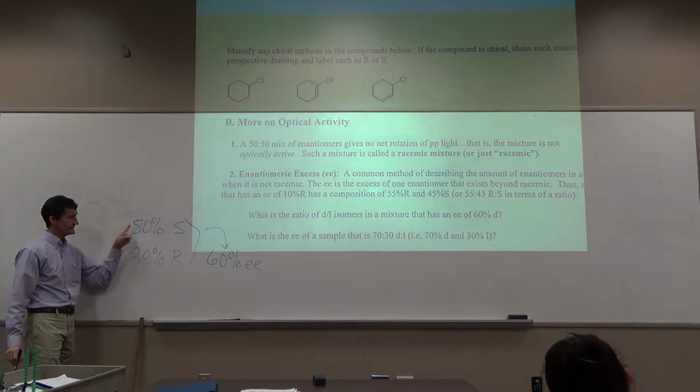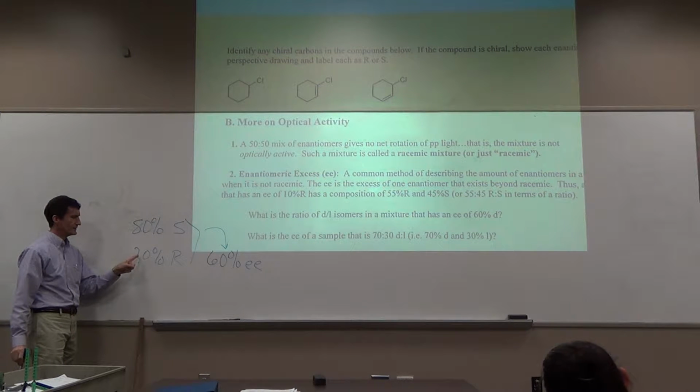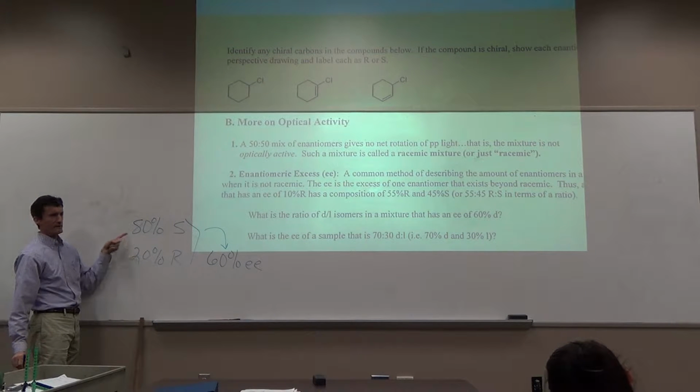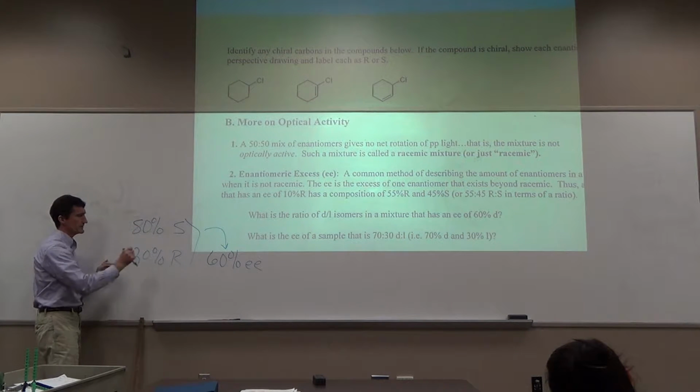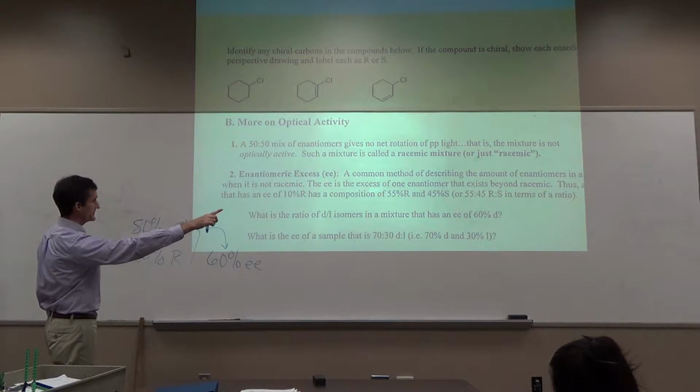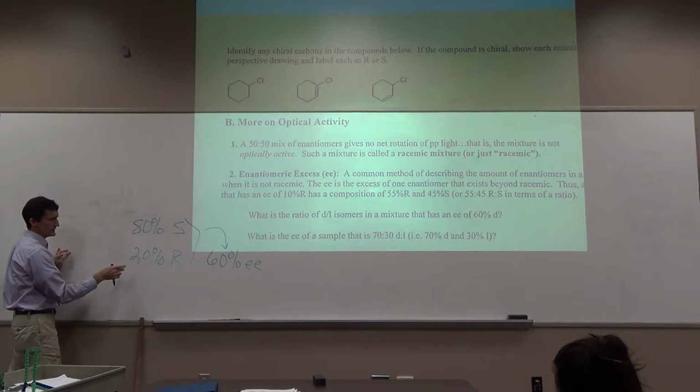Now, if you try to think too much, you'll say, well, that's like 400% more than this and all that. No, it's just the difference. What do I mean by the excess beyond racemic? Look at what racemic is.